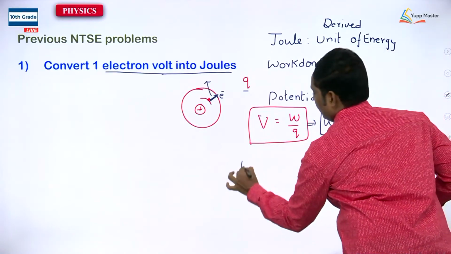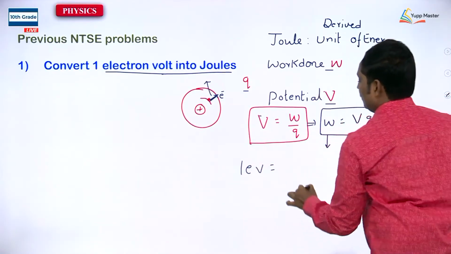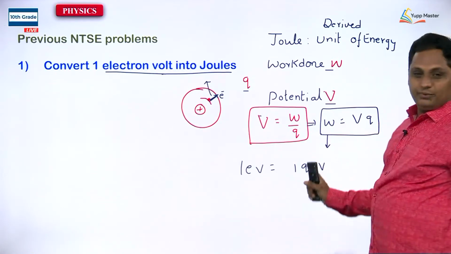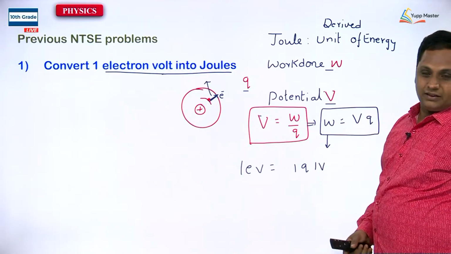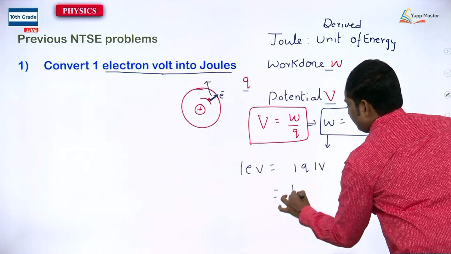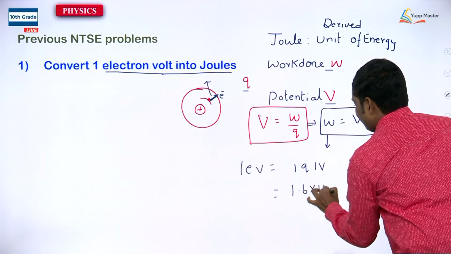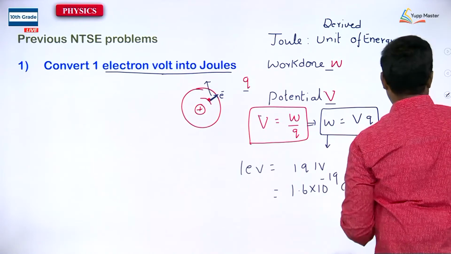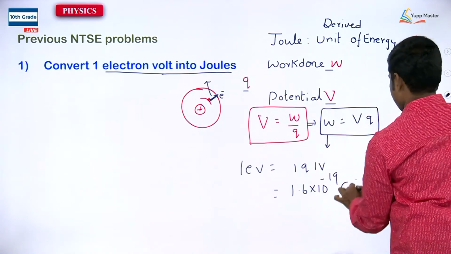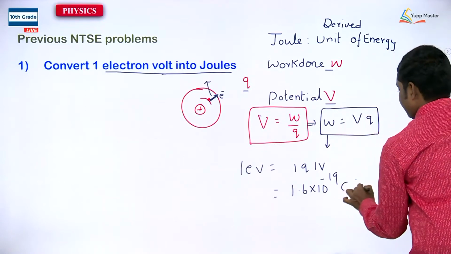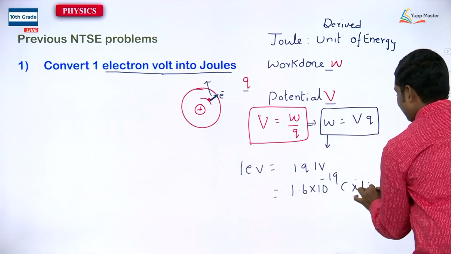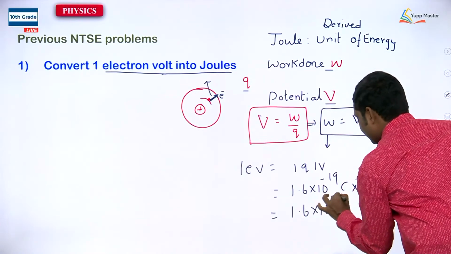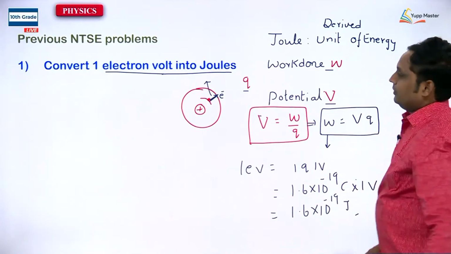Therefore, 1 electron volt is equal to 1 Q into 1 V. You can take that 1.6 into 10 to the power of minus 19 coulombs, into 1 volt, that is 1.6 into 10 to the power of minus 19 joules.